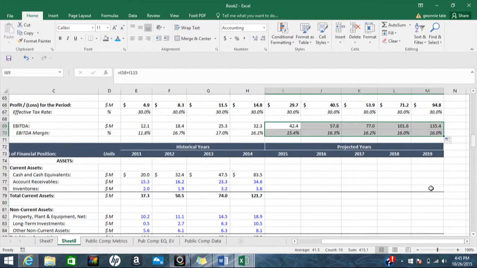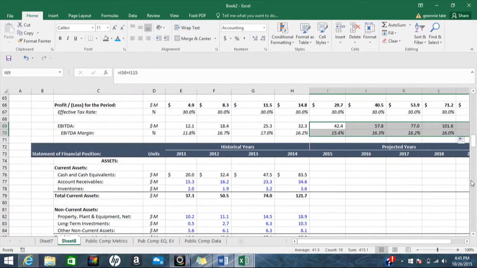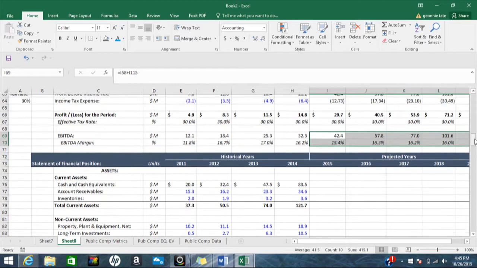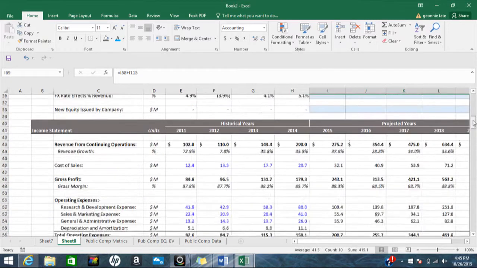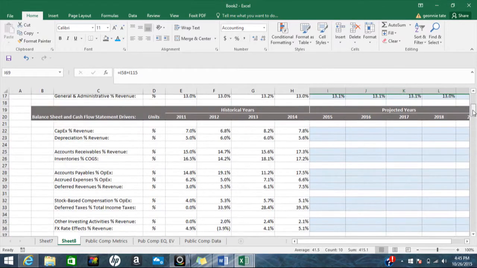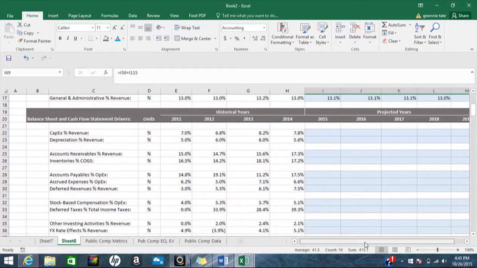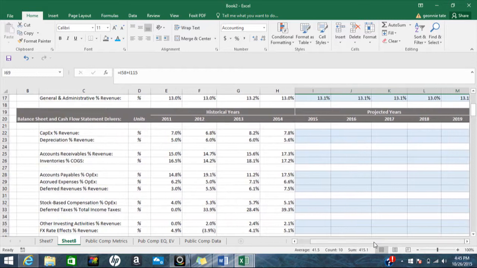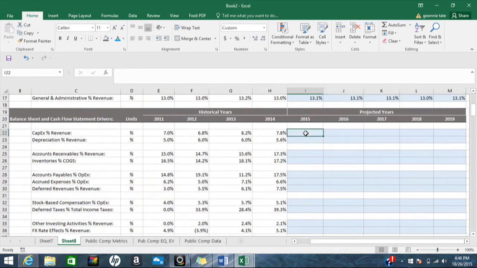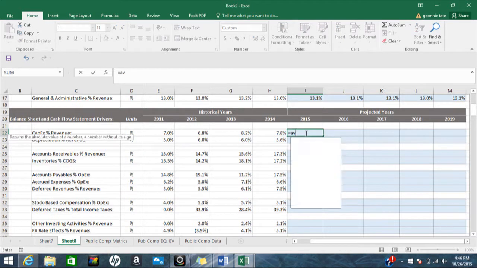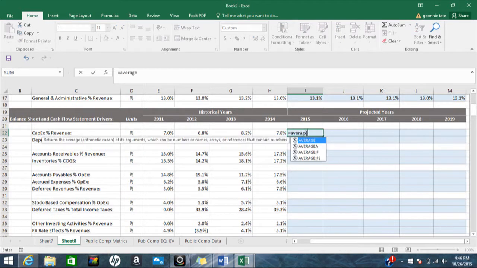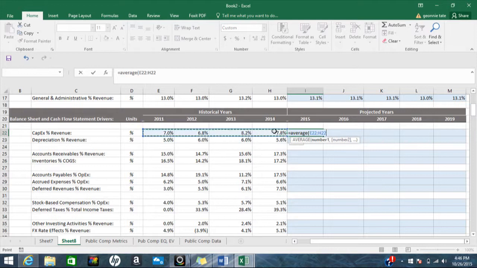And now we're at the balance sheet. I had to go up and calculate a couple of metrics before we fill out the balance sheet and cash flow statement. So I'm going to use the same method as I did earlier by taking the averages. We're going to continue that theme throughout the rest of this presentation.